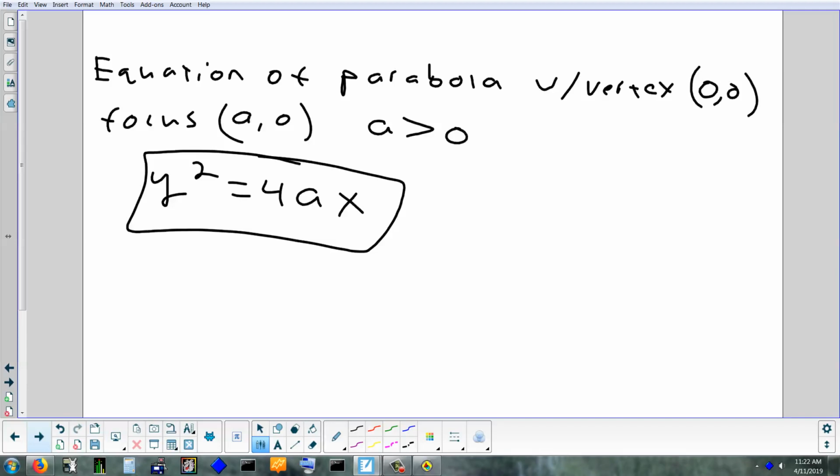If you look at your chart on page 381, it tells you all about that equation. It's the first one in table 1. This is the equation of a parabola that opens to the right. So it looks like that.